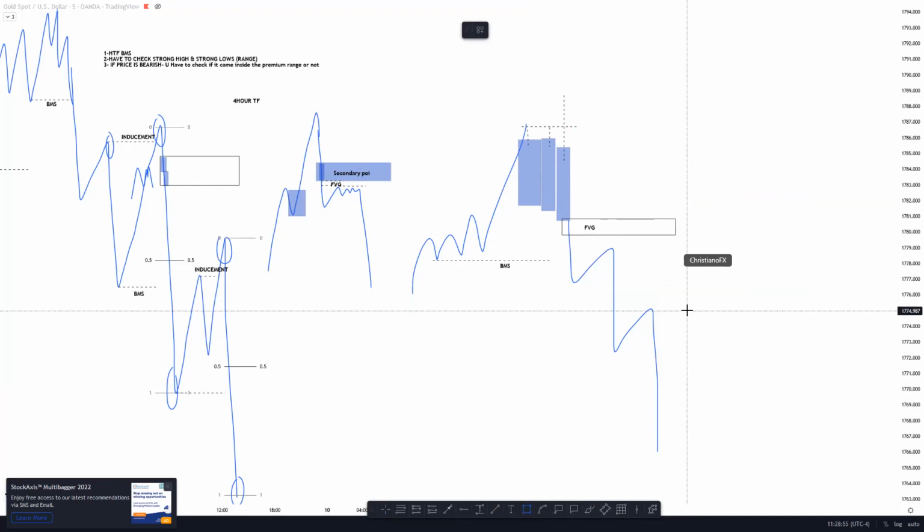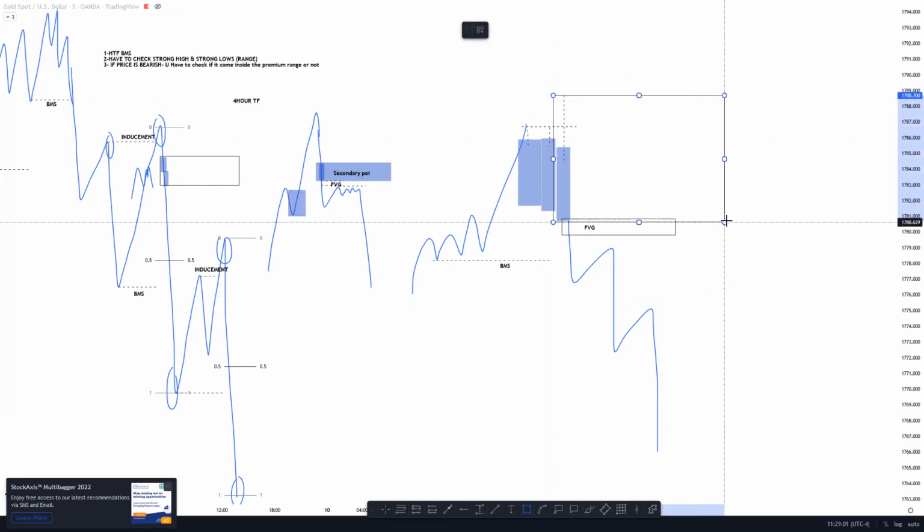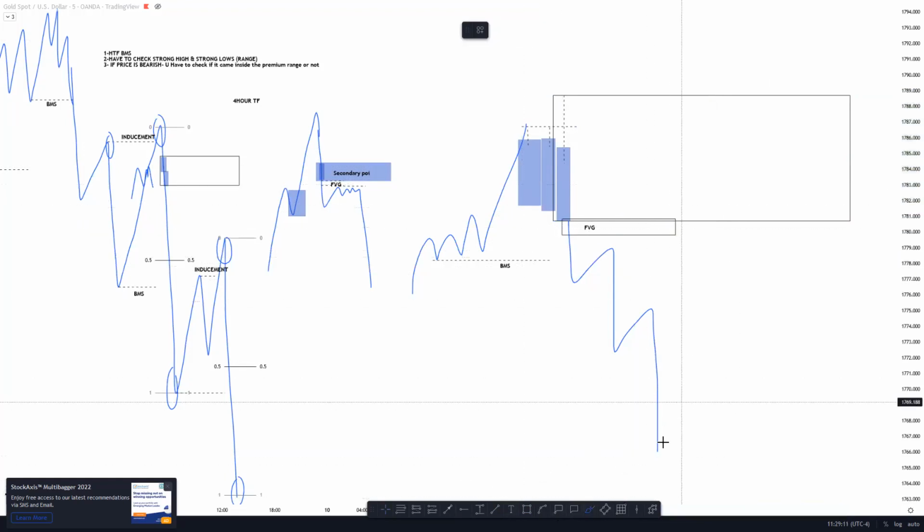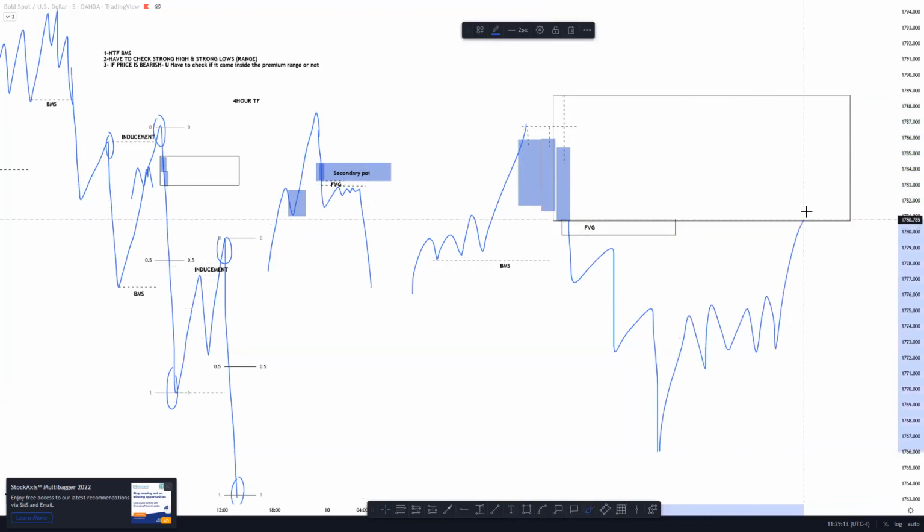No. I'm talking about another thing. So if this wick has taken out this liquidity, right, that's a sweep. So this will be a strong high. Okay, so that will be a good and a strong zone for any sells. Right. Okay.